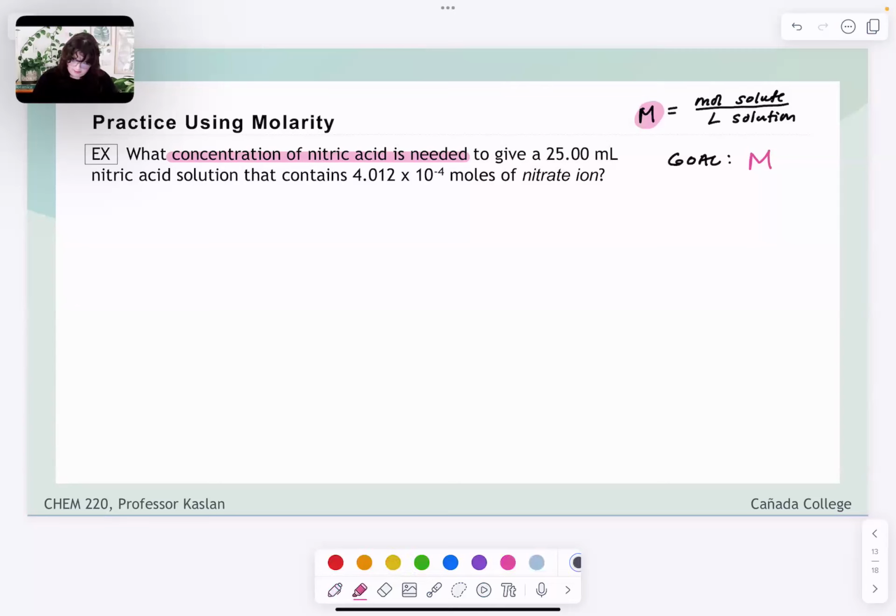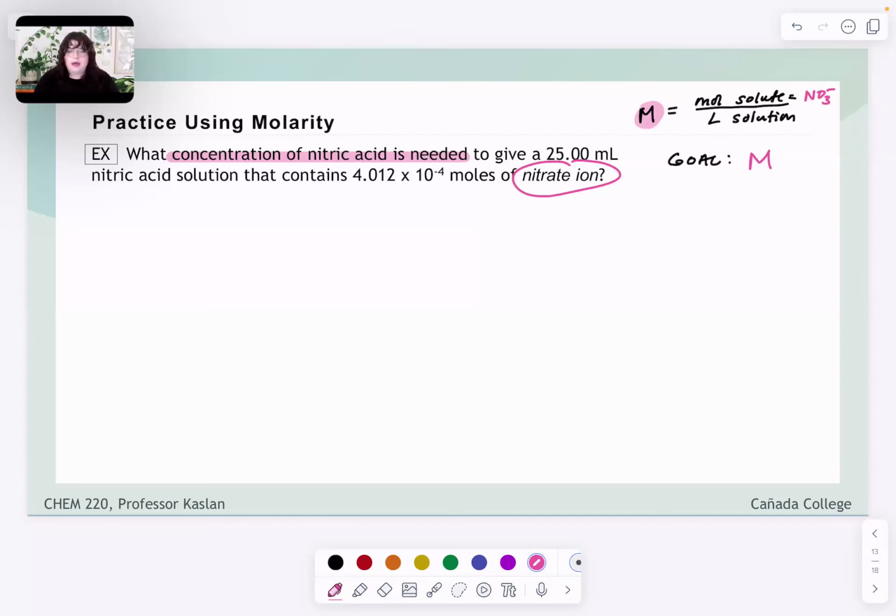And let's keep reading. What concentration of nitric acid is needed to give 25 mils of solution that contains that many moles of nitrate ion? I have italicized something here. So I don't want my solute to be just nitric acid. My solute here is specifically the nitrate polyatomic ion.